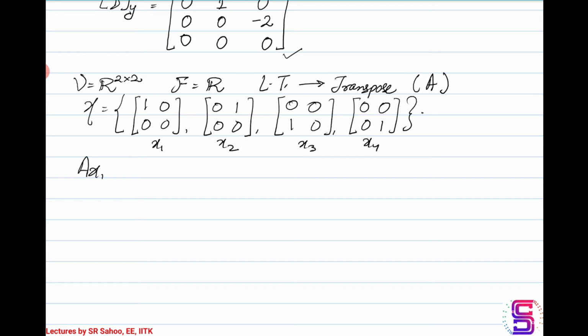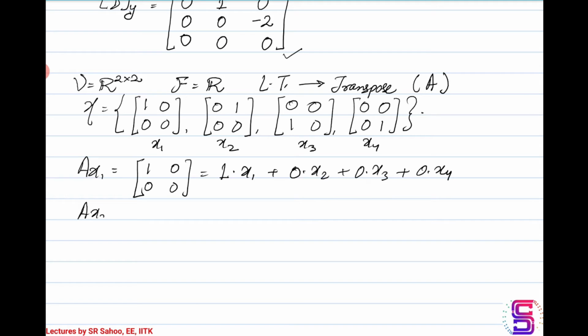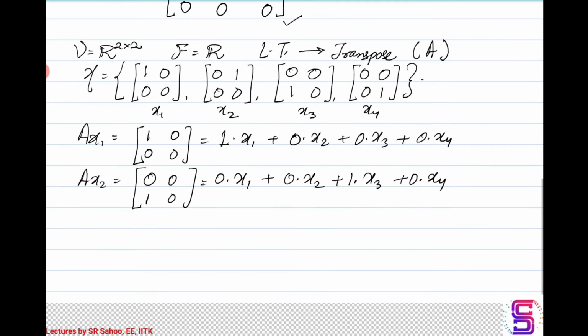So when A acts on x1, I get [1, 0; 0, 0], which is essentially 1 times x1, 0 times x2, 0 times x3, and 0 times x4. Similarly, A acting on x2 gives me the transpose, so I get this, which is 0 times x1, 0 times x2, 1 times x3, and 0 times x4.